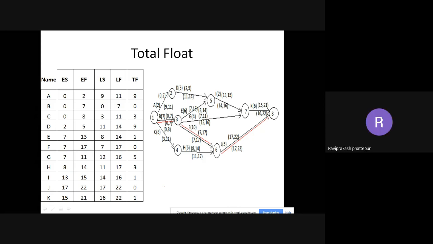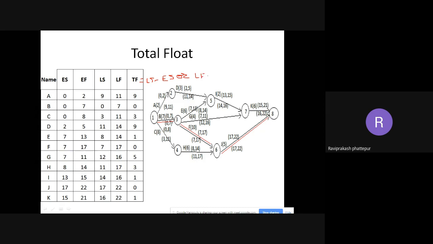Now we are finding out total float. Focus on the screen. So what is total float? TF is equal to, sorry, start means start, LS minus ES, or LF minus EF.